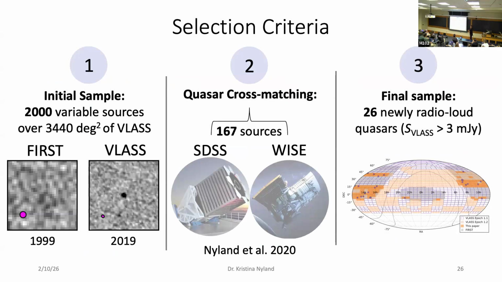We did require that they were in the latest SDSS Paris et al. quasar catalog. And then for WISE, we used the Assef et al. 2018 catalog. So we used both SDSS and WISE so that we captured both the type 1 and type 2 systems.